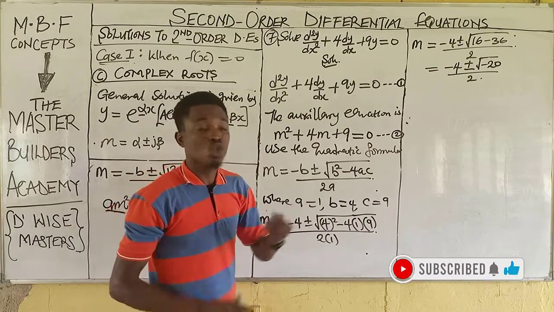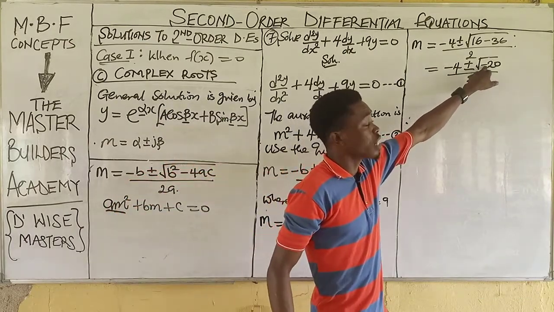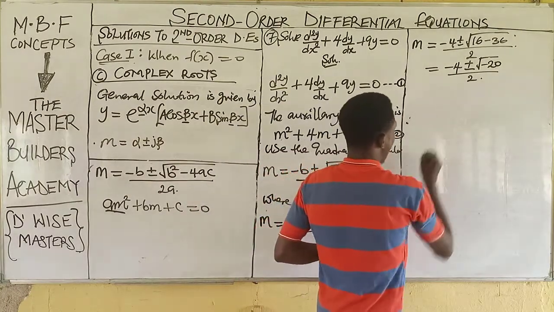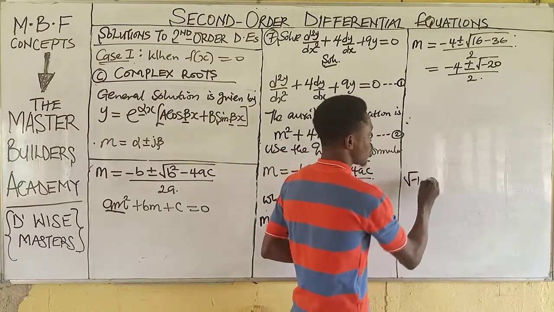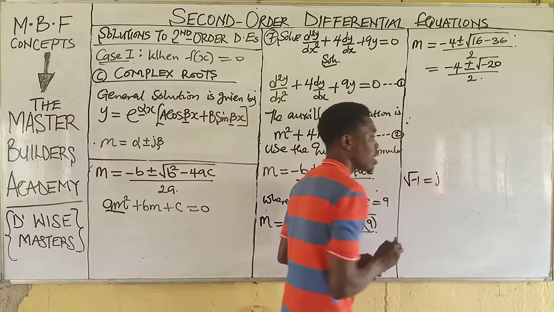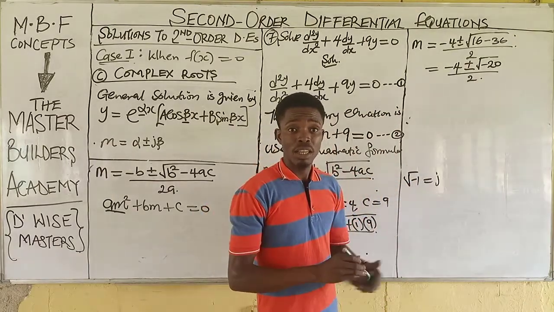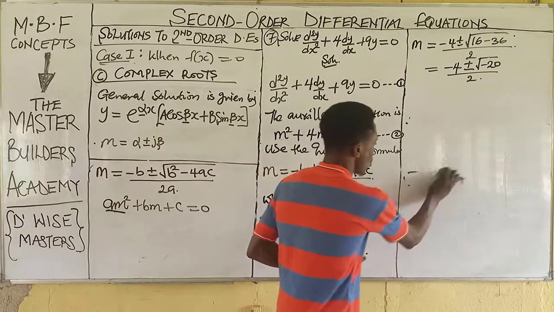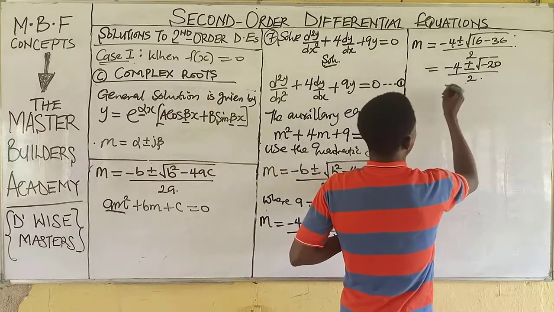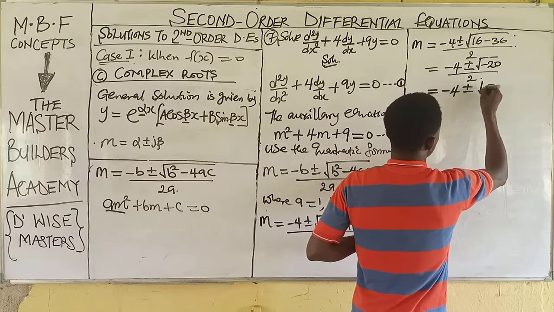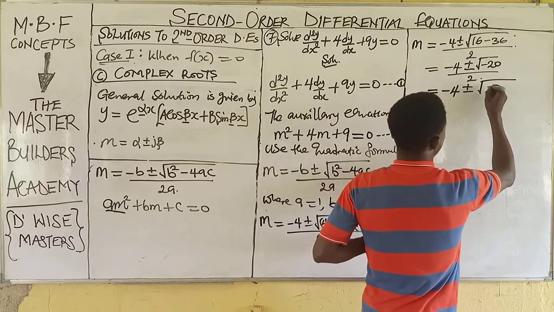Now, what next do we do here? All we simply need to do is see how we can remove this negative sign. You understand that in complex numbers, the root of minus 1 is equal to i or j, the sign of the imaginary complex function. So I need to use the law of surds, and if you are having issues with surds, please go to our textbook.